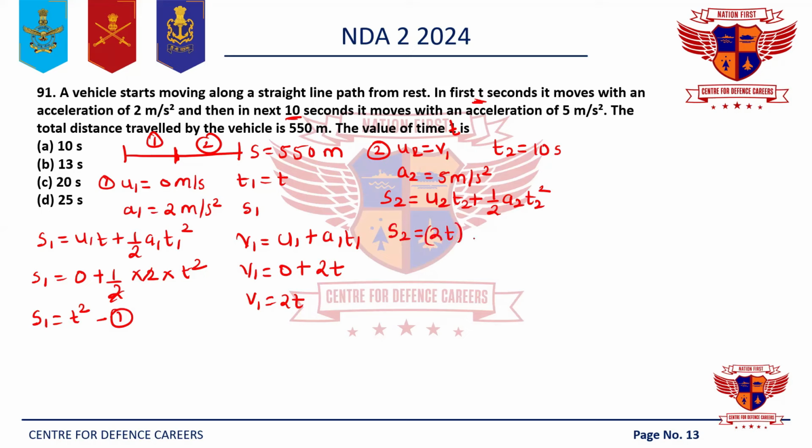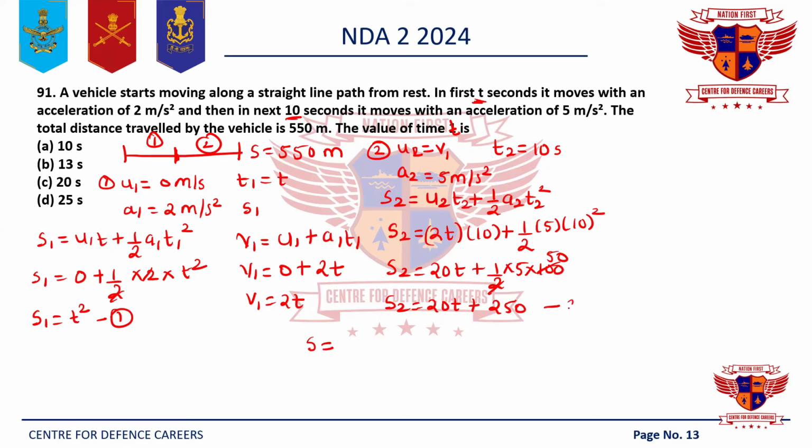So we have 2t times 10 plus half, A2 is 5, and this is 10 square. So we get S2 equal to 20t plus half into 5 into 100. So we can cancel these two, we get 50. So S2 will be equal to 20t plus 250. Let's call this equation 2.